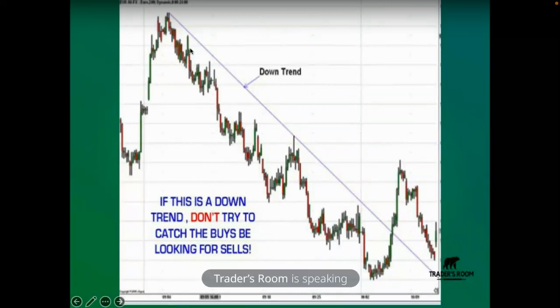You can look at this now: this is the highest price of this chart, where my cursor is, and this is the lowest price of this chart. You can see that this price has been descending from the highest price to the lowest price, but it doesn't come in a straight line.